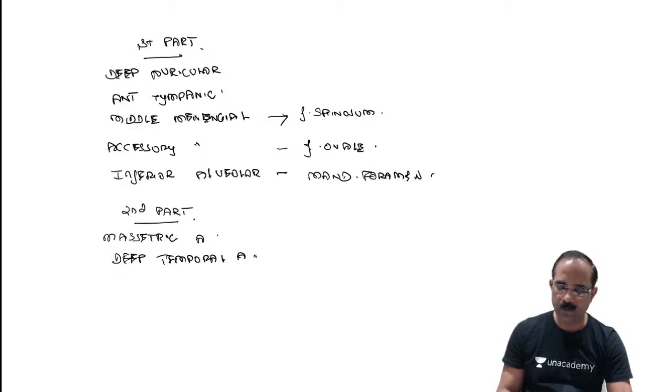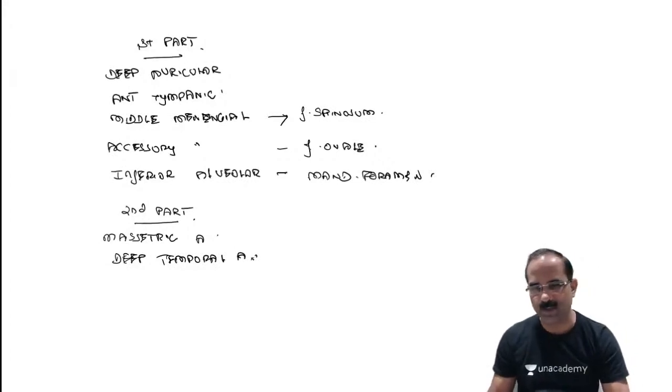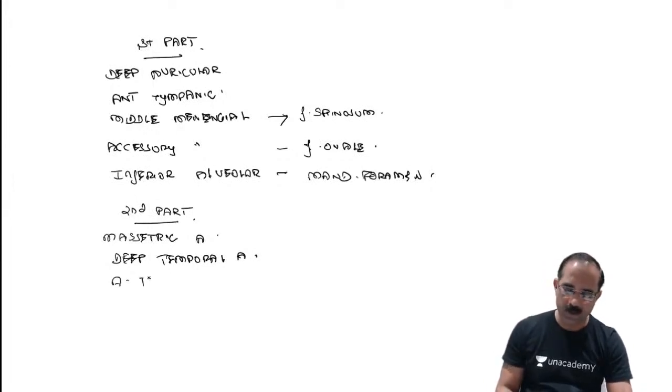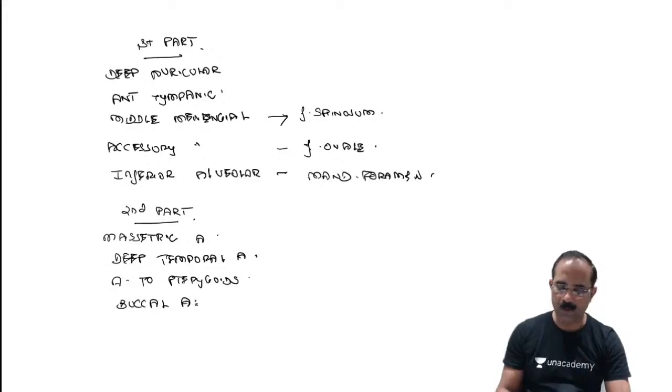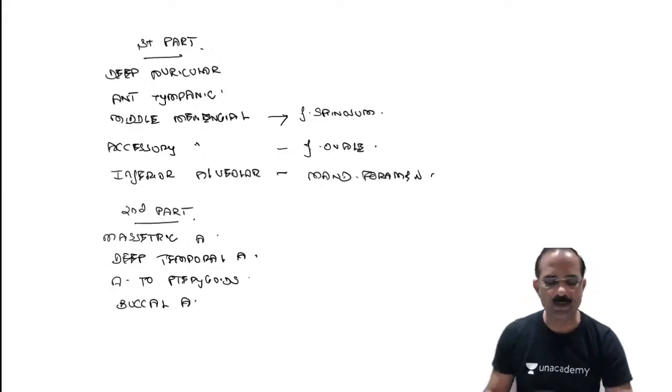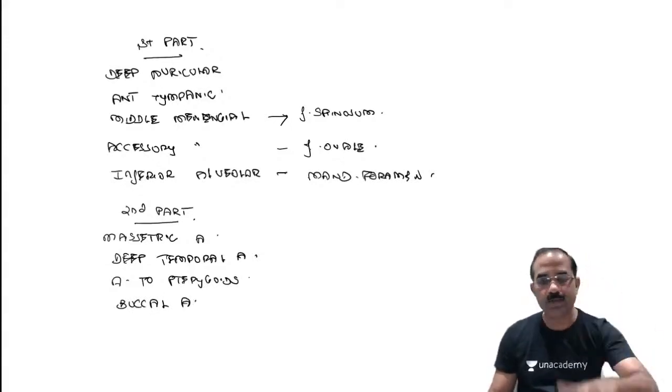They supply the muscles of mastication. So masseteric artery will supply the masseter. Deep temporal artery is going to supply the temporalis. Artery to the pterygoids. And the last one is buccal artery. So these are the 4 branches from the second part.